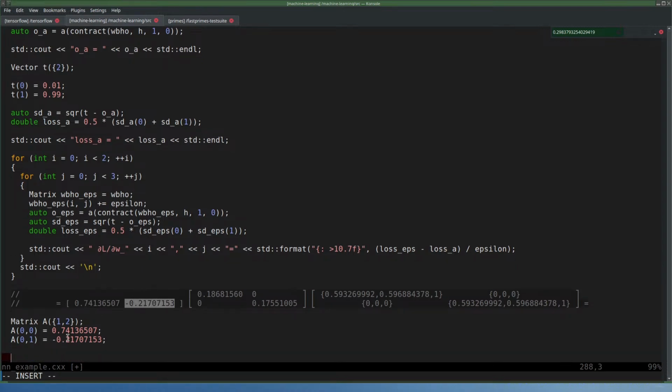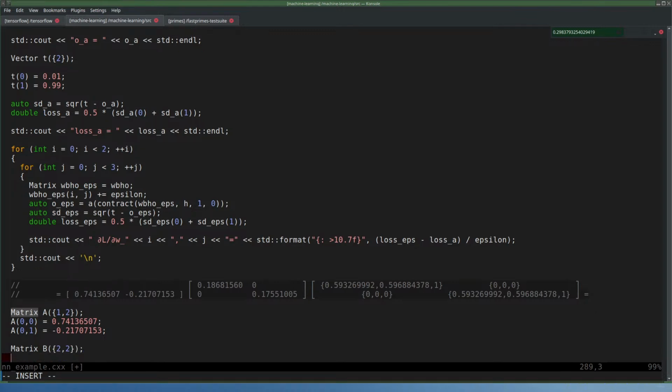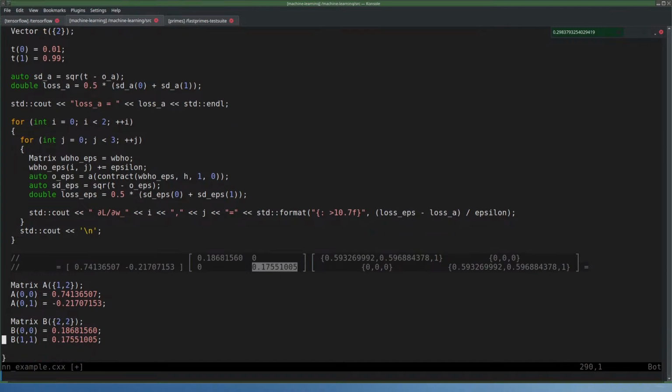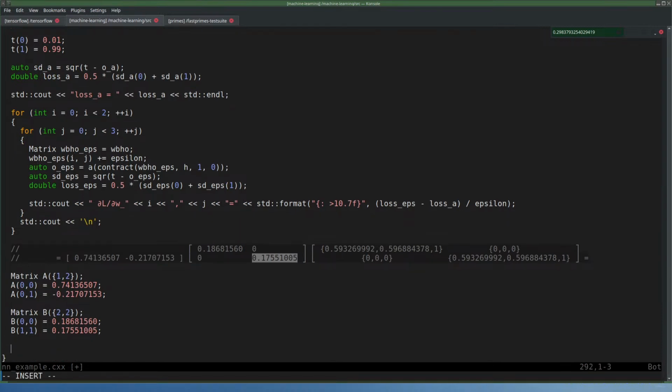Then you get a matrix, and this time it's a matrix with a shape of 2, 2. And B0, 0 is that value, and B1, 1 is that value, and the others are still 0. They are initialized at 0, so why would I type it? Same thing with this actually.